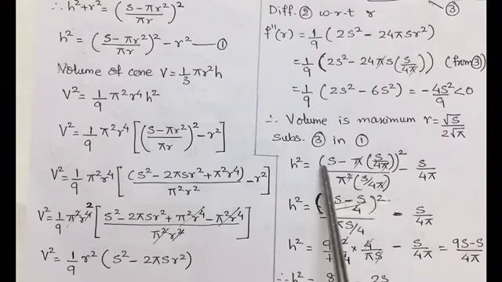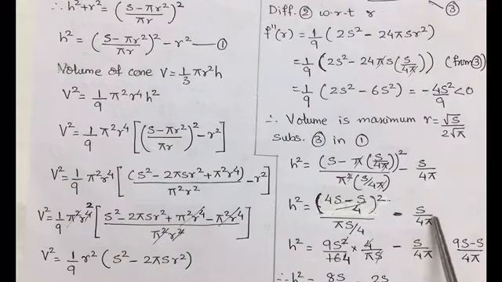Taking the LCM as 4, we get 4S upon S divided by 4 whole square, and down we get pi S upon 4 minus S upon 4 pi. Squaring the bracket, this gives us 3, so it becomes 9S square upon 4 square is 16. Taking 4 up and pi S down and minus S upon 4 pi as it is, again the cancellations give us 9S upon minus S upon 4 pi.